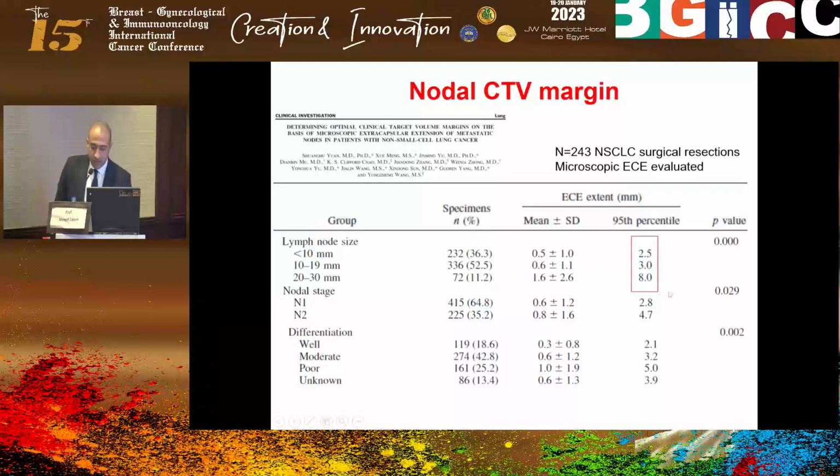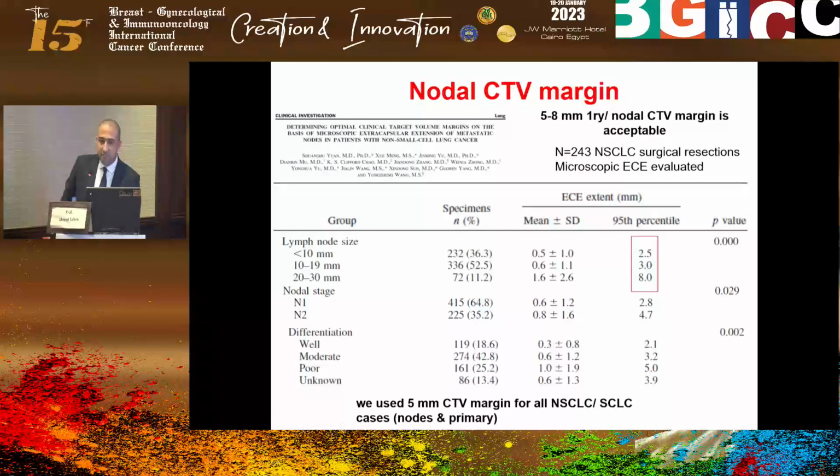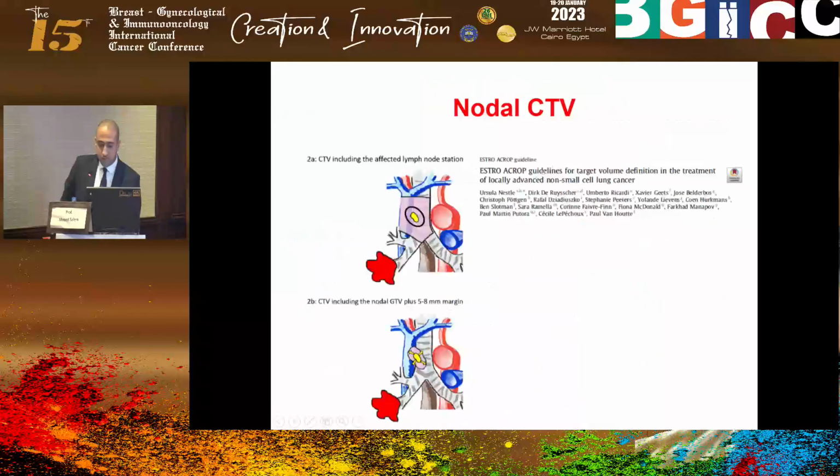You can potentially utilize this to guide your margins, but measuring nodes might not be that simple. So again, you can simplify things. Anything between 5 and 8 millimeter CTV margin, I think, is appropriate and is what is recommended in the literature.